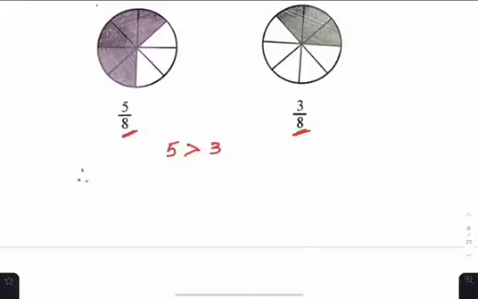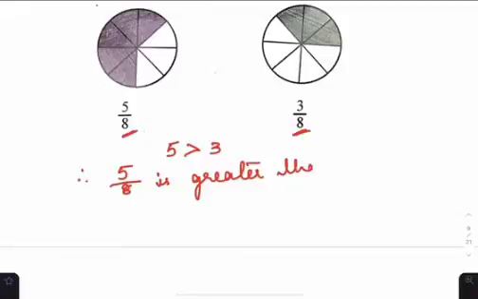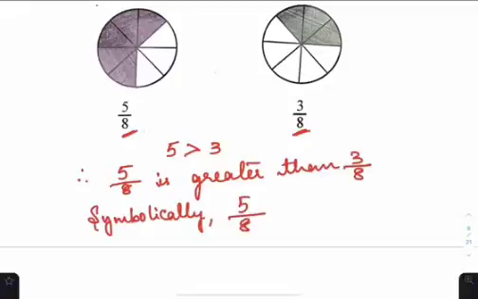Therefore, 5 by 8 is greater than 3 by 8. I hope all of you understood, children.